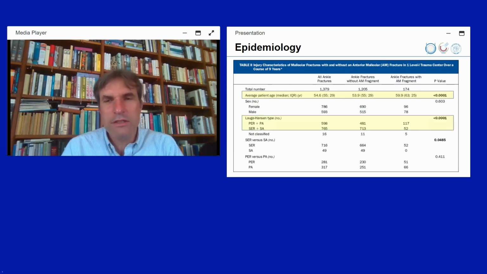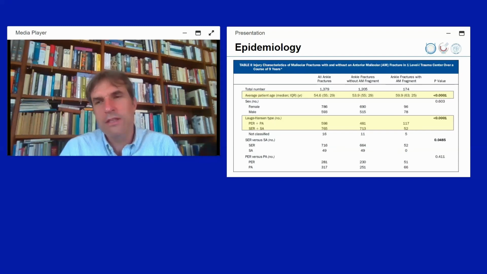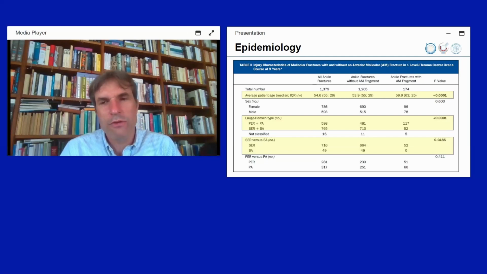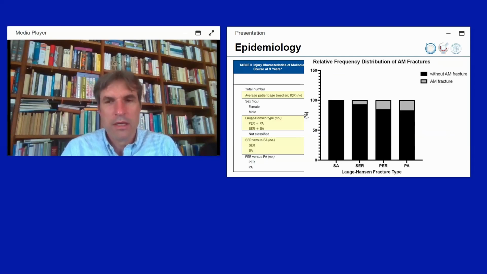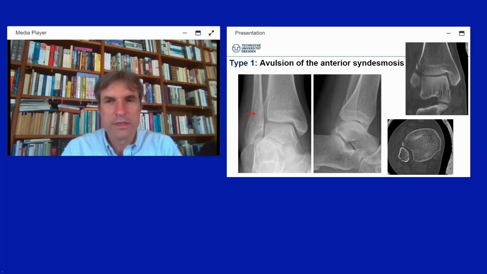We also found that Lauge-Hansen was right with his theory. We saw more external rotation injuries, and interestingly, we saw more pronation type injuries than supination type injuries producing those fractures. And we did not see a single supination adduction injury in all our 140 cases. And this is a diagram of that.